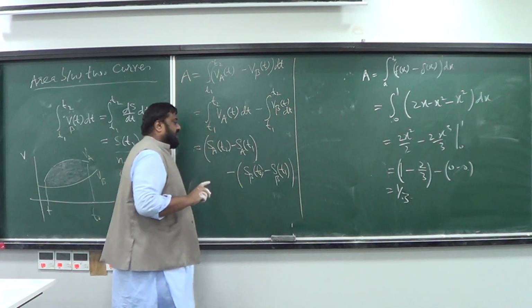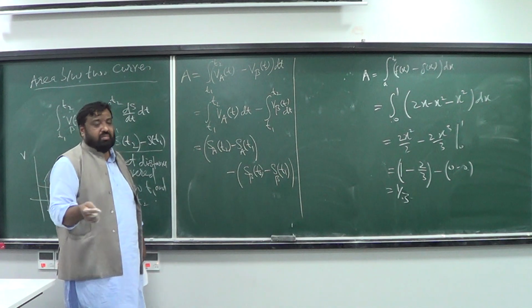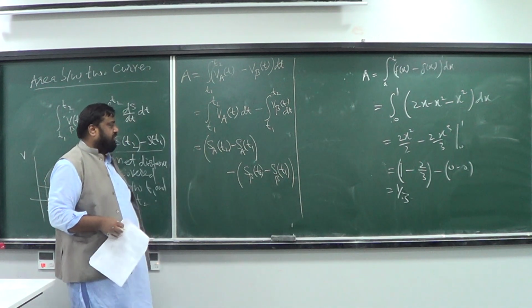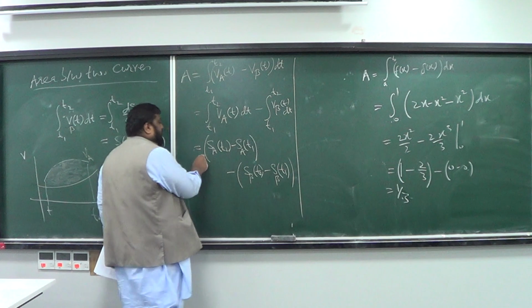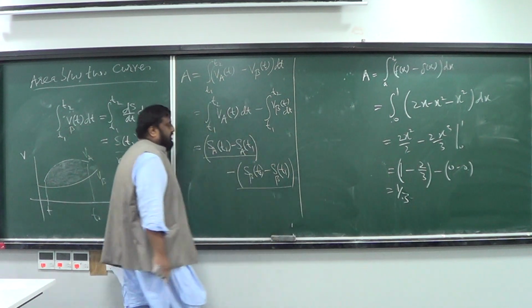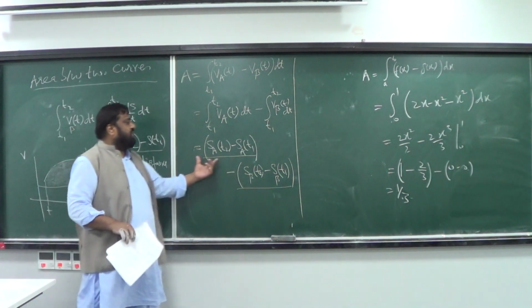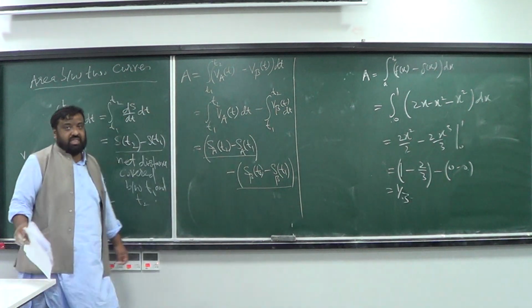So SA is representing the displacement of vehicle A and SB is representing the displacement of vehicle B. What would this actually represent? What is the difference between these two quantities representing?